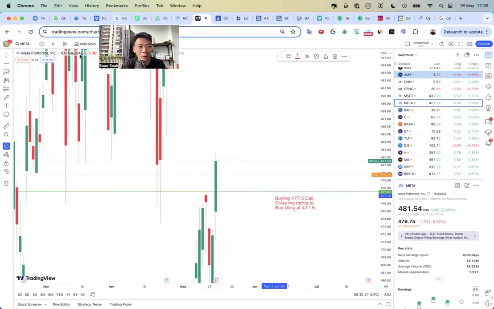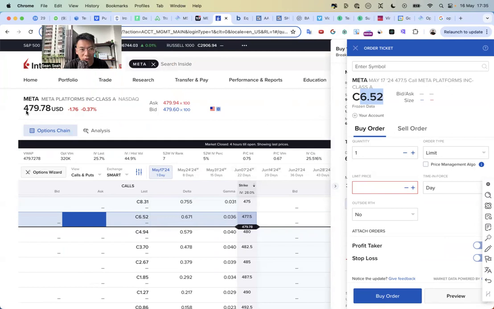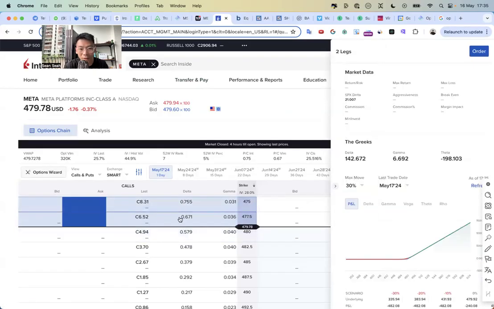So what delta shows us is that there is a 67% chance, based on normal distribution. Normal distribution is based on, of course, the volatility of Meta, how much it goes up and down, and there's a 67% chance it will be in the money.